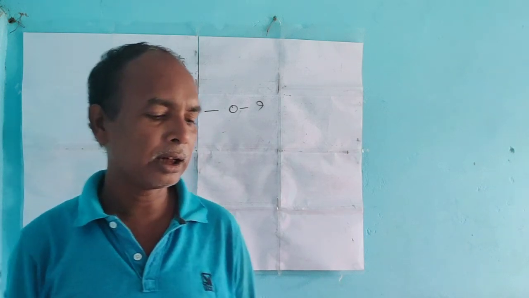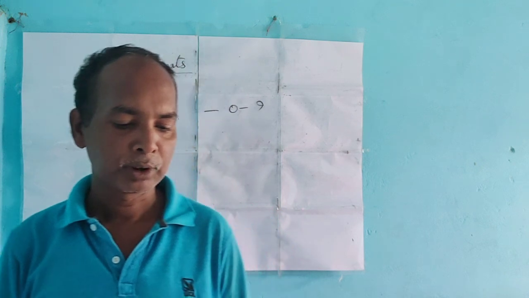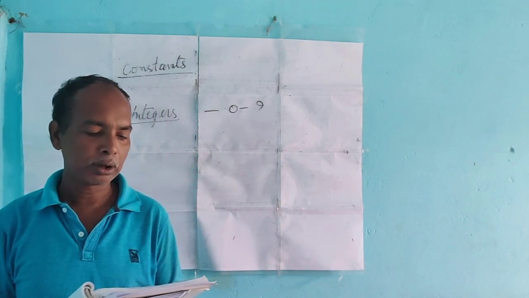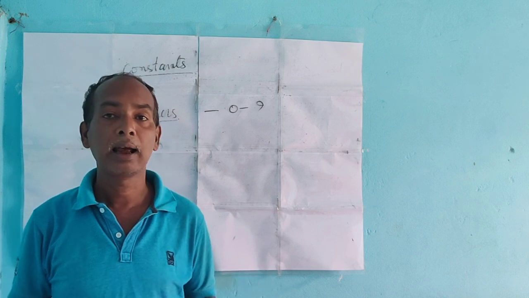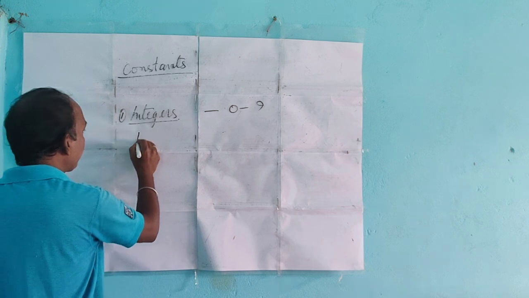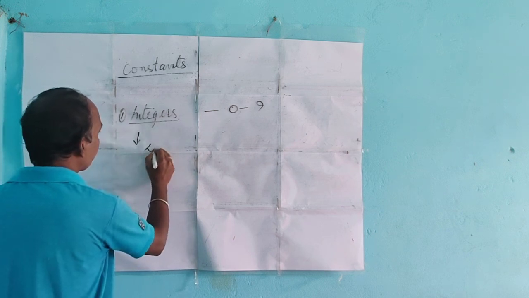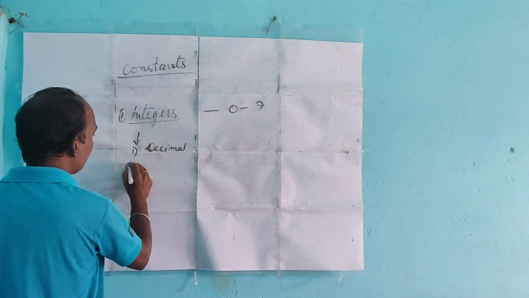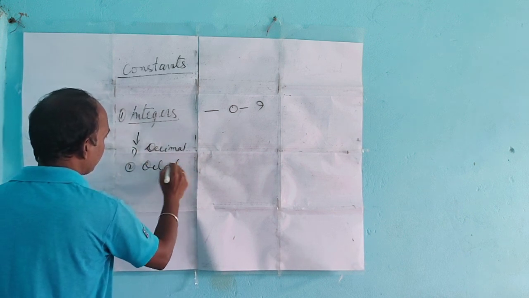There are three types of integer constant: decimal number, base 10 without a decimal point; octal number; and hexadecimal number. Number one is called decimal number. Number two is called octal number.